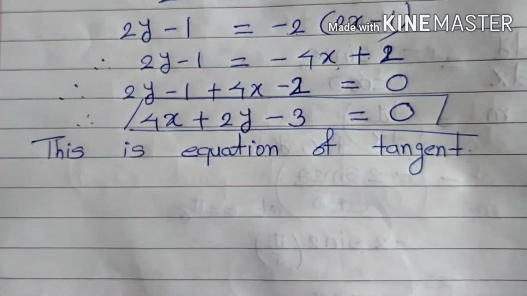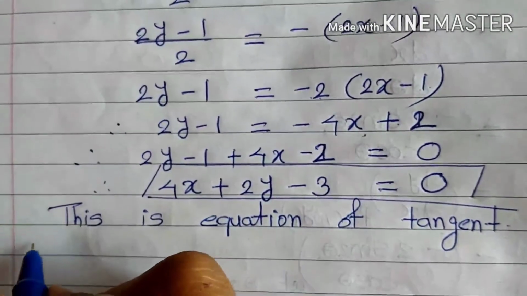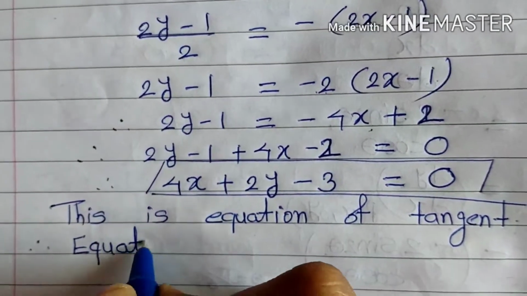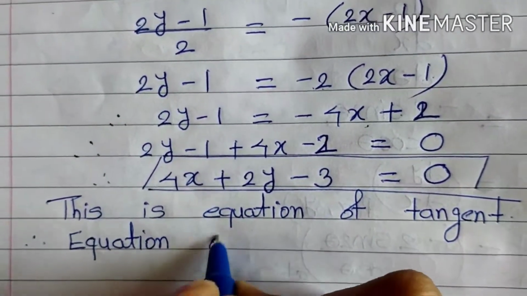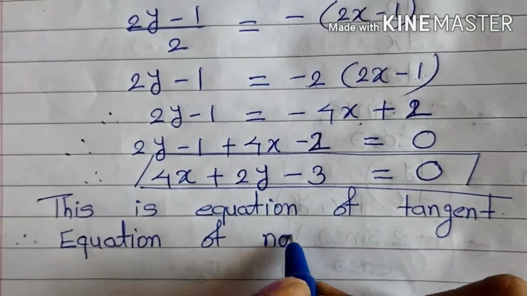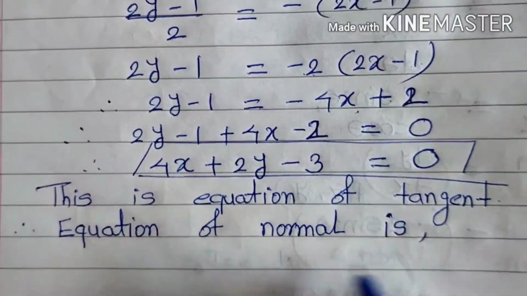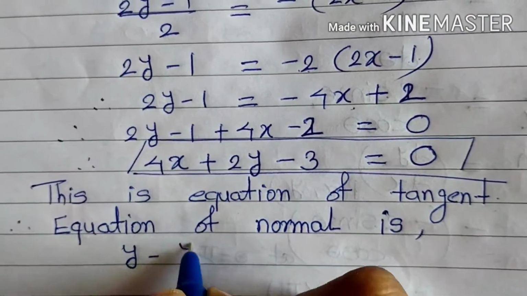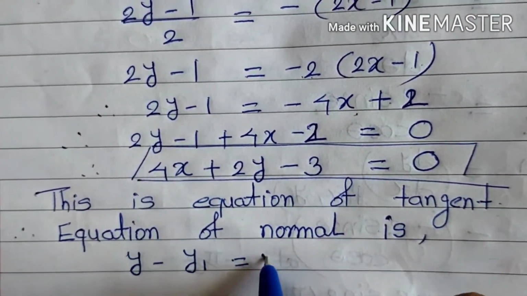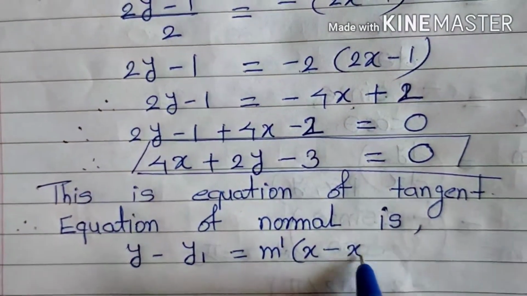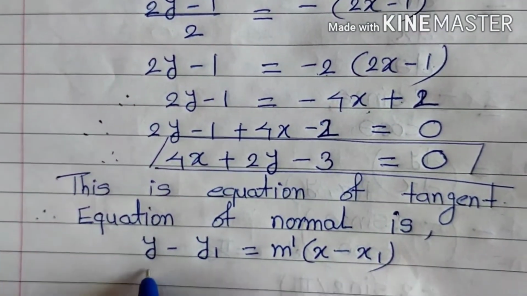So this is the equation of tangent. Now we have to find the equation of normal. Therefore y minus y1 is equal to m dash x minus x1. Now put the values here.